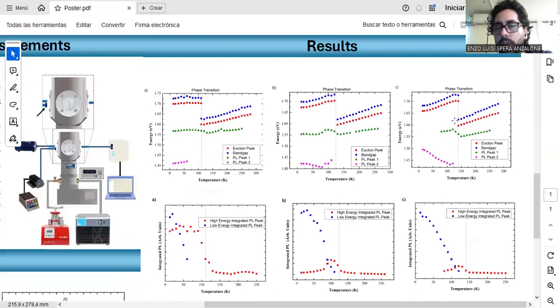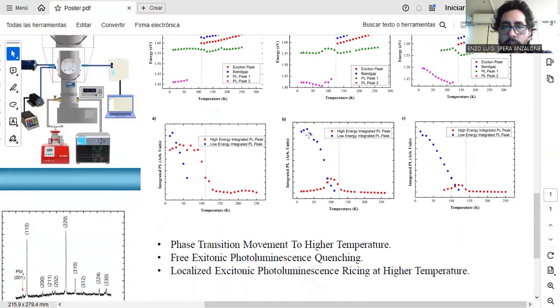When we compare the integrated photoluminescence, the low energy peak has considerably stronger intensity than the high energy peak, and this is also true for the third day of measurement.